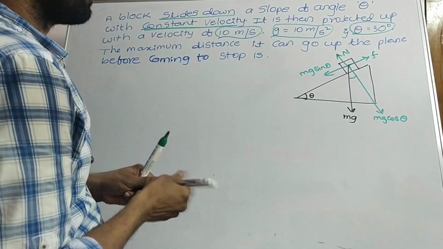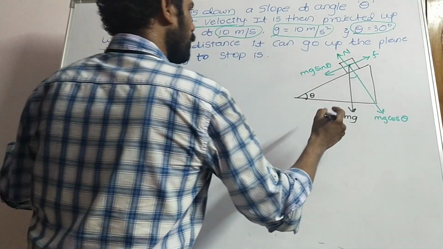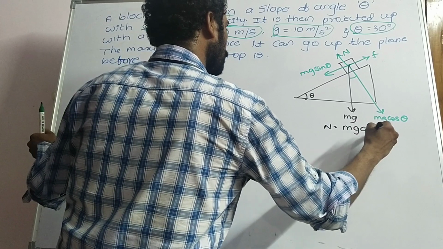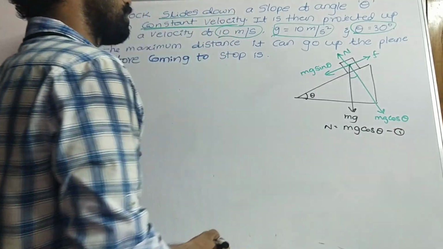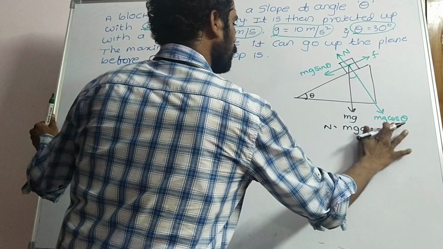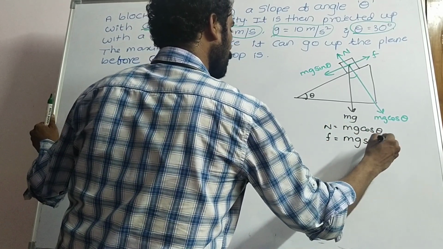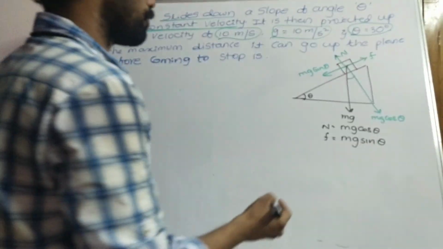At this situation, N is equal to mg cos theta, as well as frictional force F is equal to mg sin theta. That is under equilibrium condition.